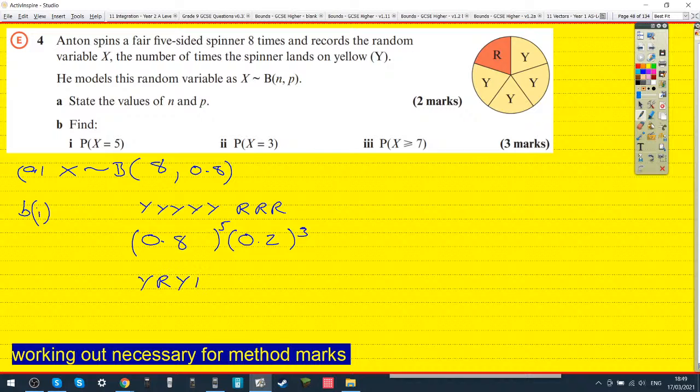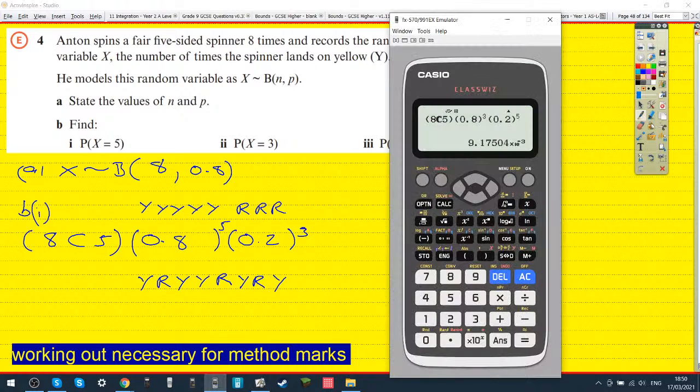You could have something like yellow, red, yellow, yellow, red, yellow, red. How many is that? 1, 2, 3, 4, 5, 6, 7, 8. There you go. So you could have lots of different combinations, and the way you deal with that is you multiply by 8 choose 5. So 8 in total, combinations of 5. And so put that into your calculator.